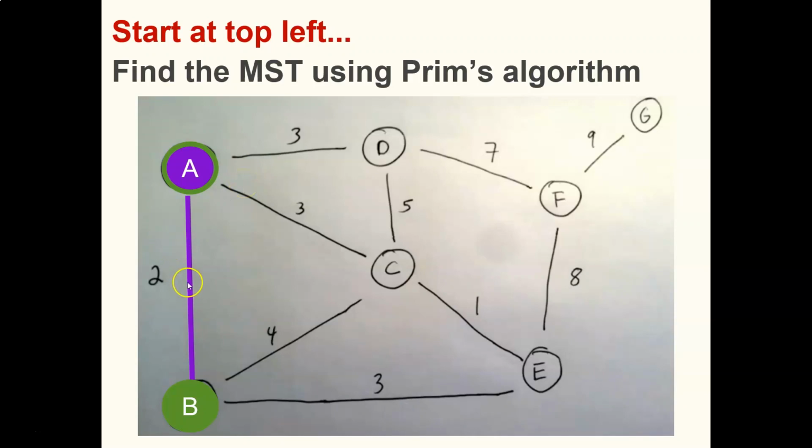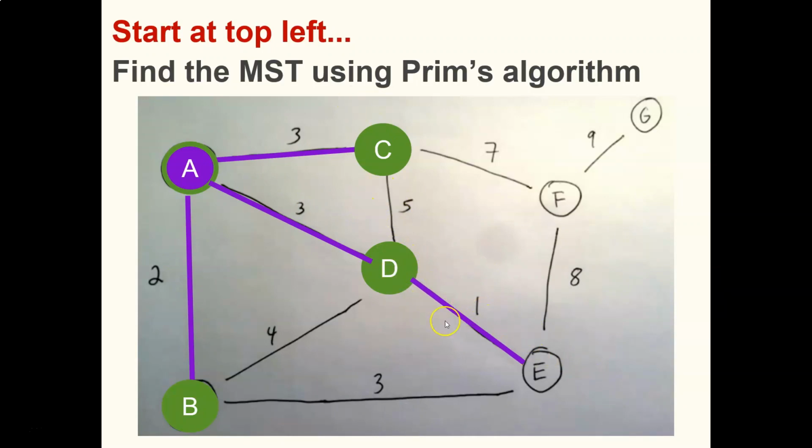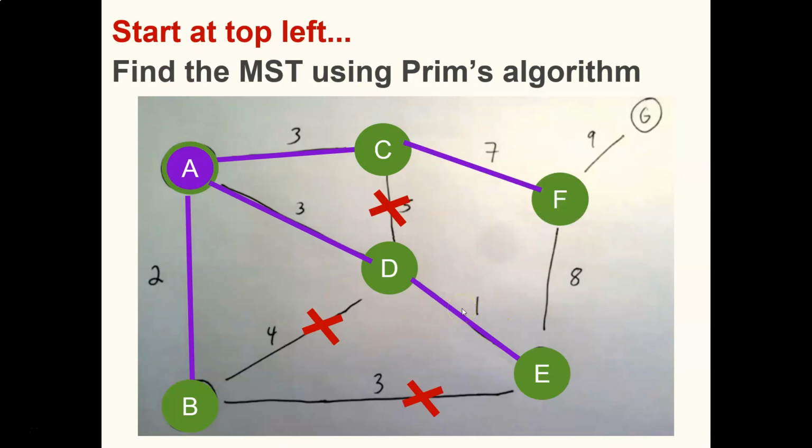So this is a minimum one because the other ones are these ones, so we choose this one, this one, and this one. The moment the tree reaches here, there is an edge that comes out of the tree which is a minimum. But we don't choose these ones. We choose this one. Obviously, we don't choose this one, and the last one will be this one.